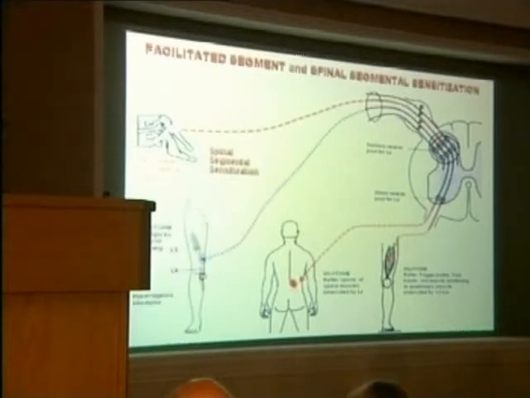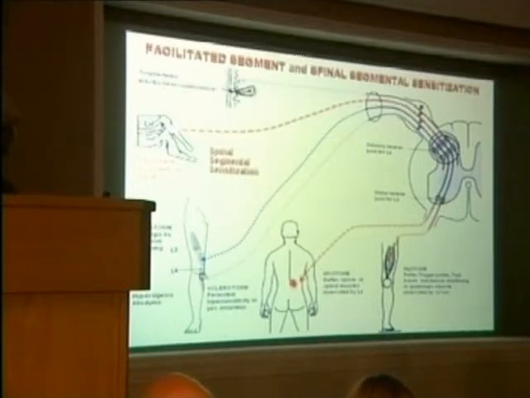You will also see increased sensitization along the same dermatome, so they will develop sensitivity, allodynia, and hyperalgesia, as well as at the sclerotomal level along the periosteum, right?